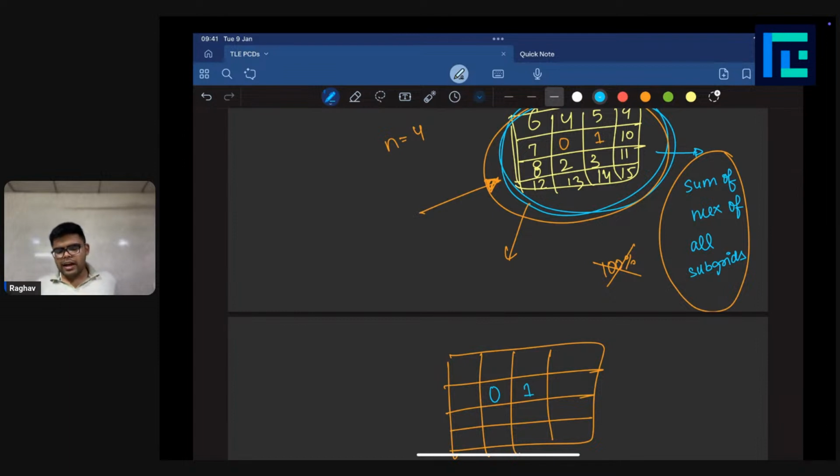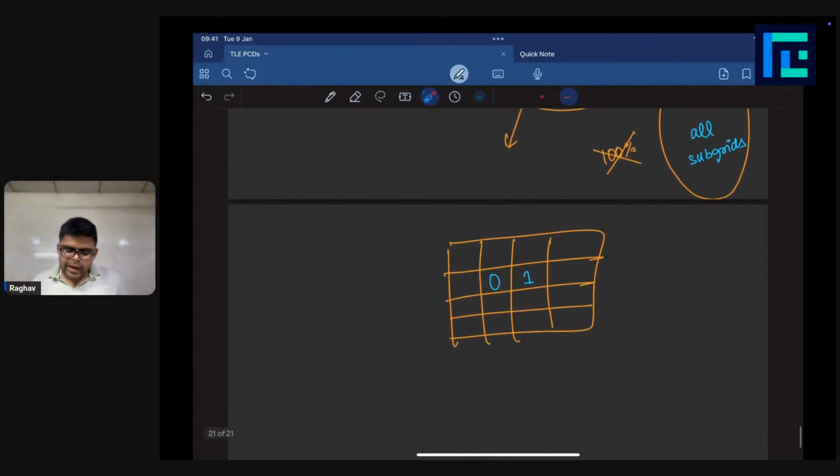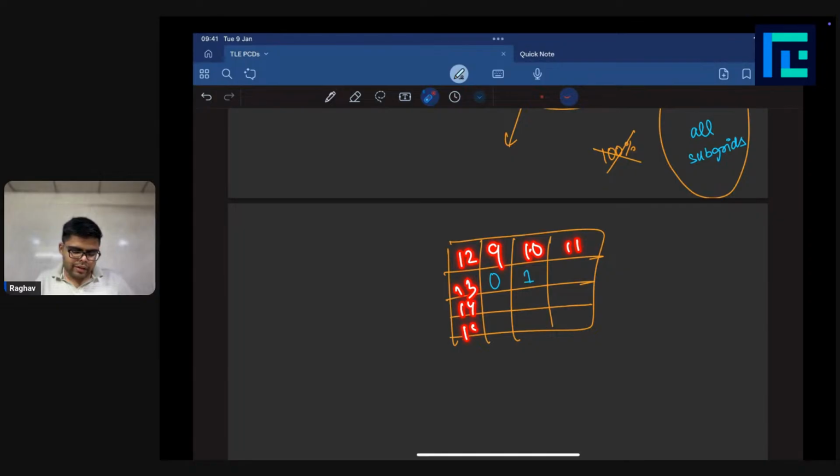So I just try to think, how can I print this pattern? Maybe I can do something like 0, 1, 2, 3, then 4, 5, 6, 7, 8, then 9, 10, 11, 12, 13, 14, 15. I did try to think about different patterns.